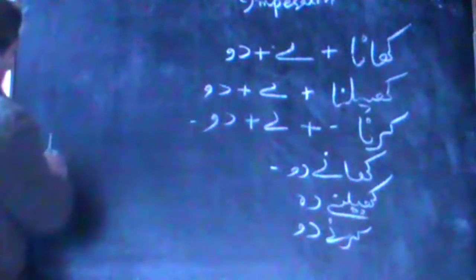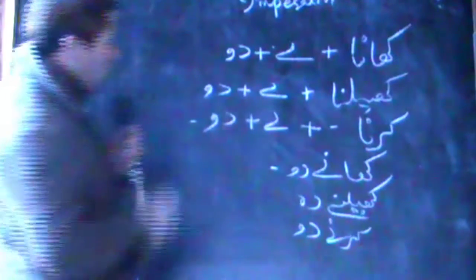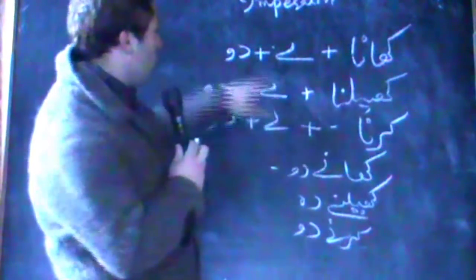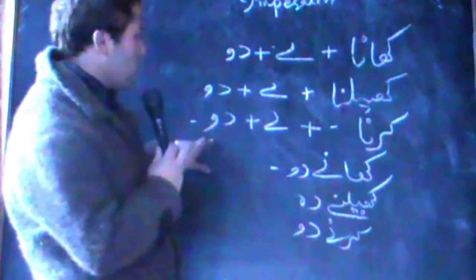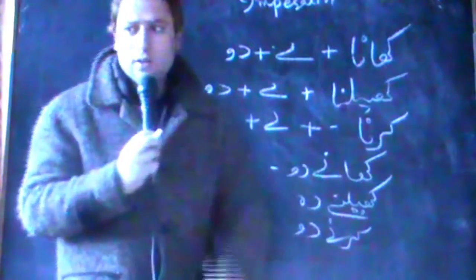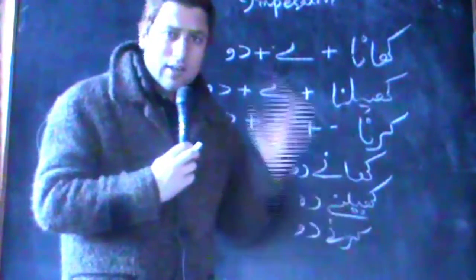We start them with let. In the next lesson we'll see imperative in a different way, but this way gives you the impression that these are imperative sentences, where you say to somebody that you do this.